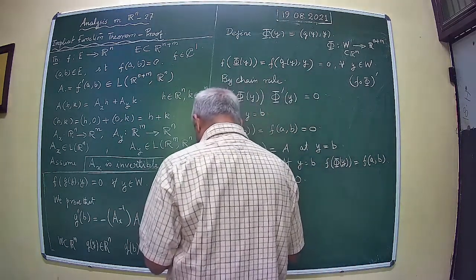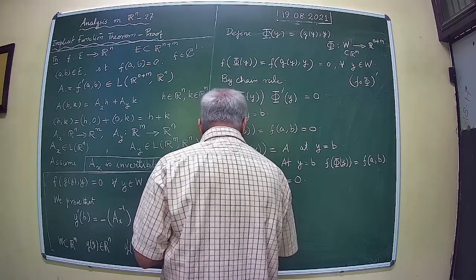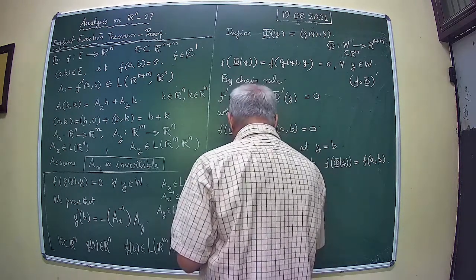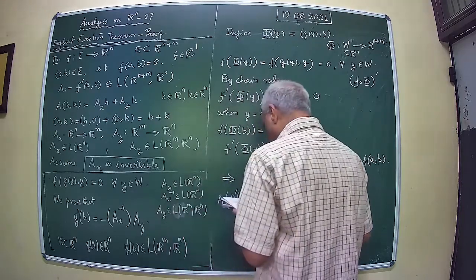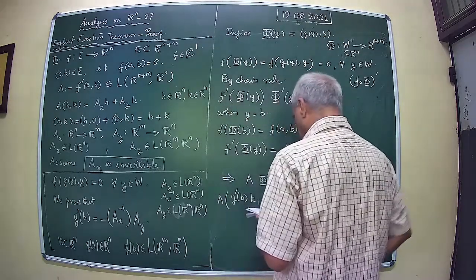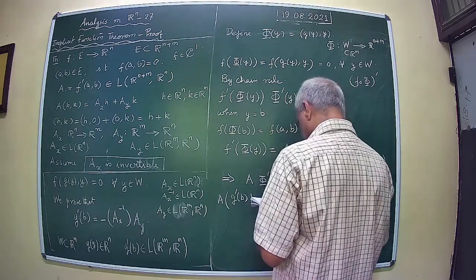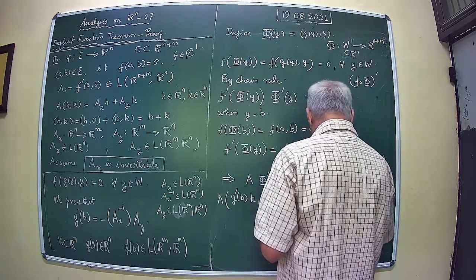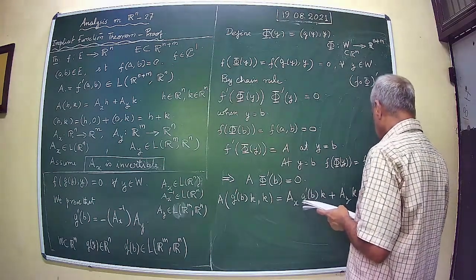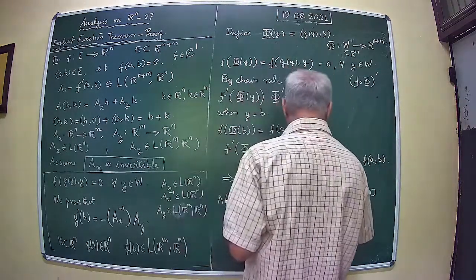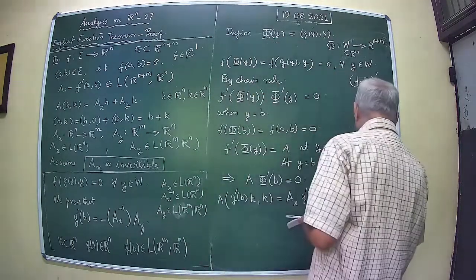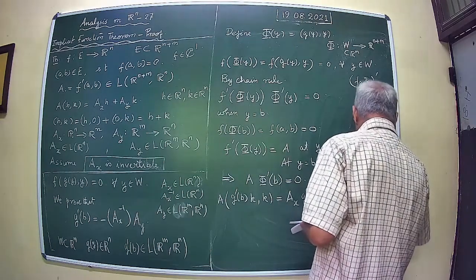Now we will write it up in detail. So this is equal to A of GB, this is equal to AX of, which is equal to 0. This is true for every k in Rm.